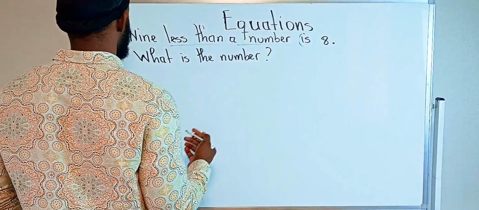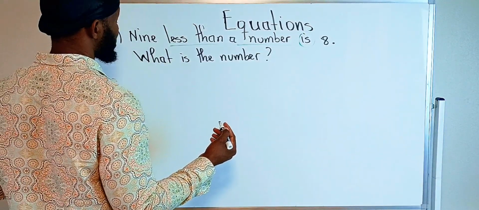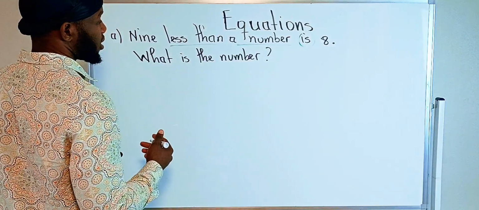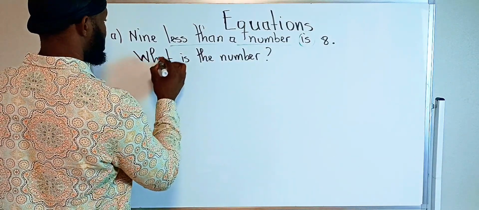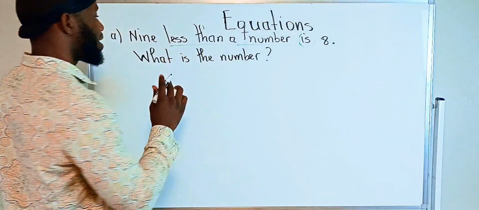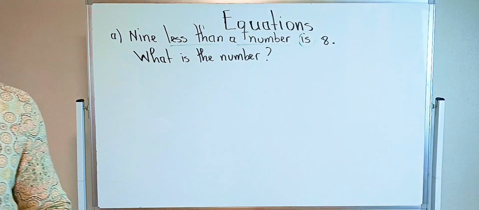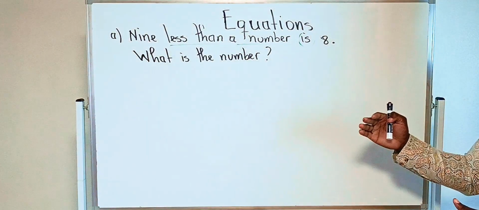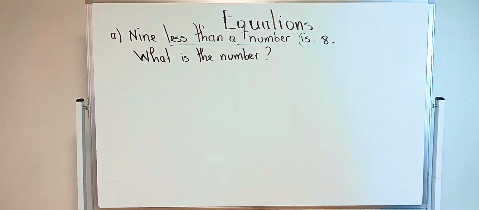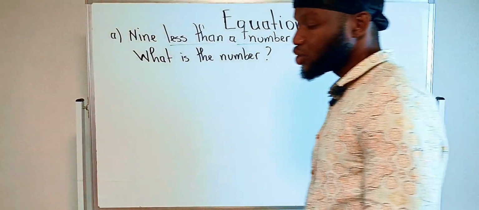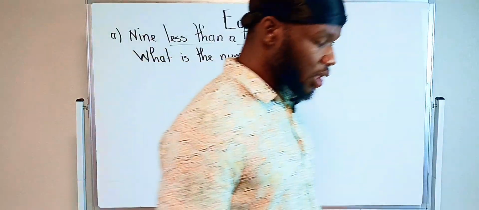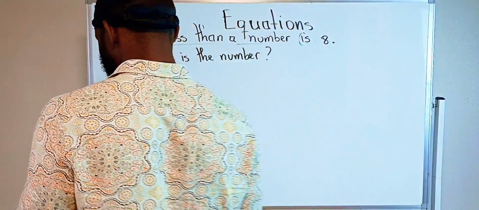So right now, second step, we gotta write the related equation and solve it. We got 9 less than a number. Now you should be careful with that sentence, guys, and pay attention because some people might get confused.